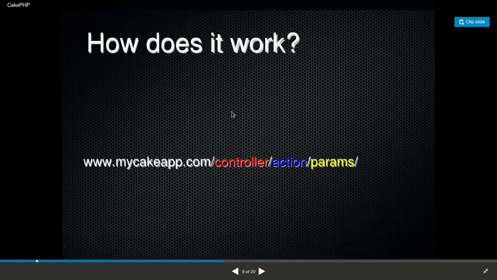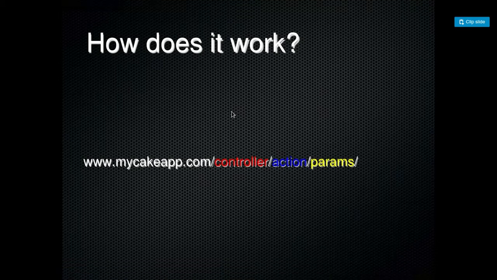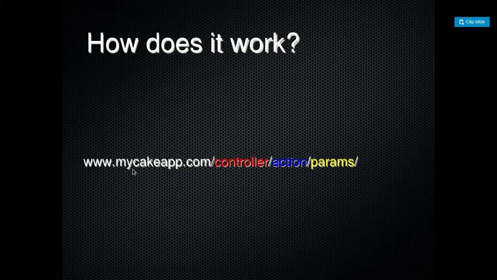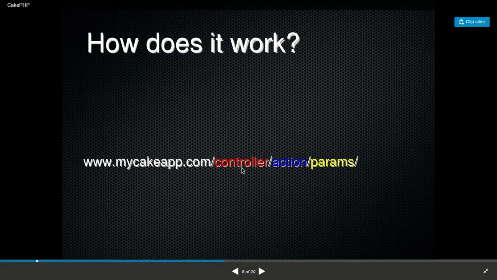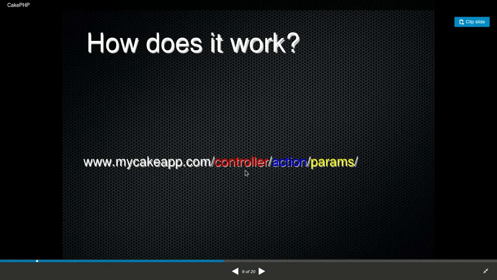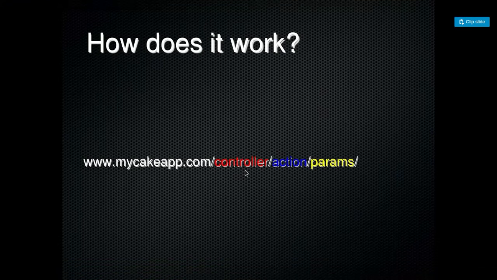So how does it work? The CakePHP application URL will look like this. The first part is the domain name on which our CakePHP application will be hosted. The second part, separated by a slash after the domain name, will be the name of the controller, which handles all the logic.